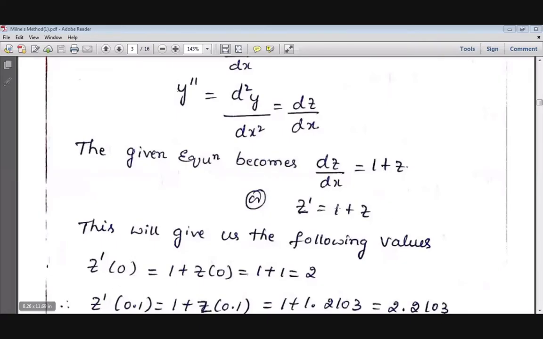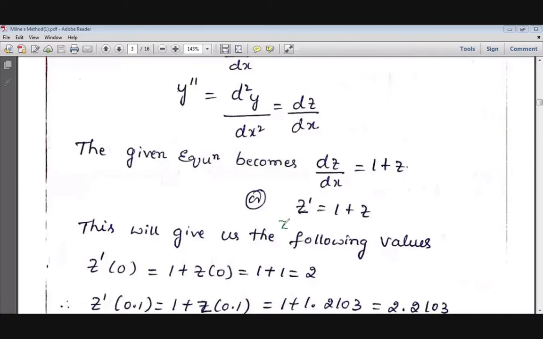Z dash of 0 means, in place of z, z of x. Z of x and z both are same. So this is, I will write here and I will show.